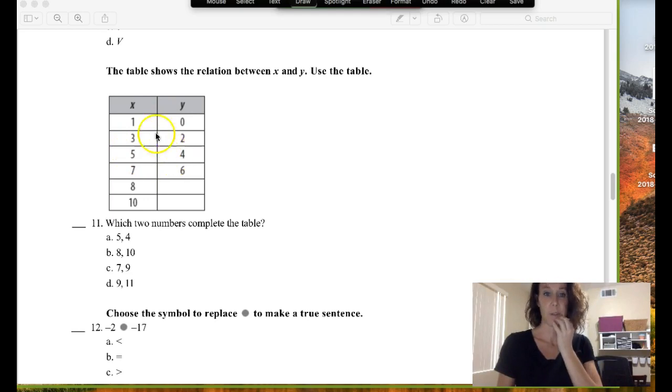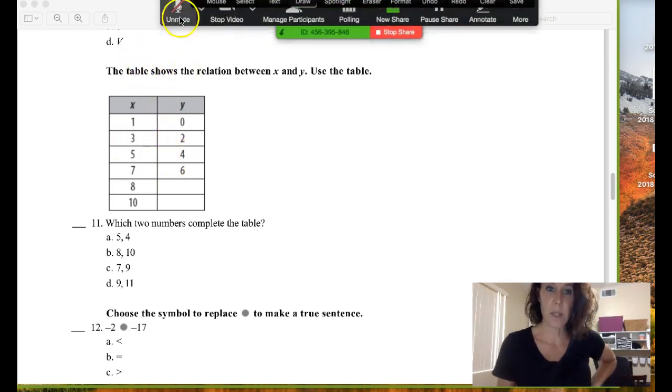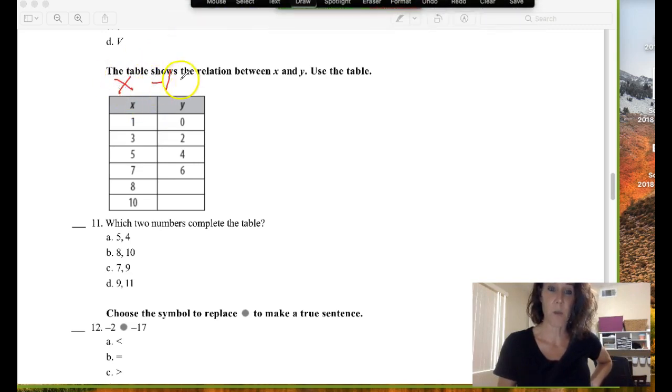Yes, that's subtracting 1. So the pattern is -1. I plug in my X value, I subtract off 1, and I get out my Y value. If I plug in 7, I subtract 1, I get out 6, yes. So if I plug in 8, I get 7. If I plug in 10, I get 9. So the values I should get are 7 and 9, C.